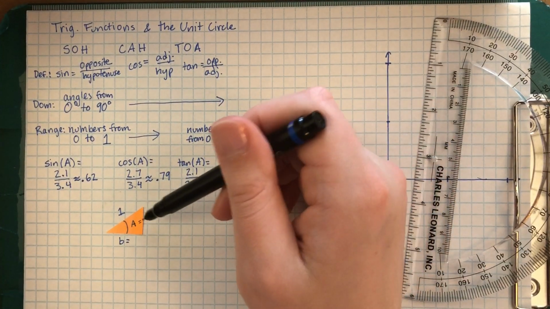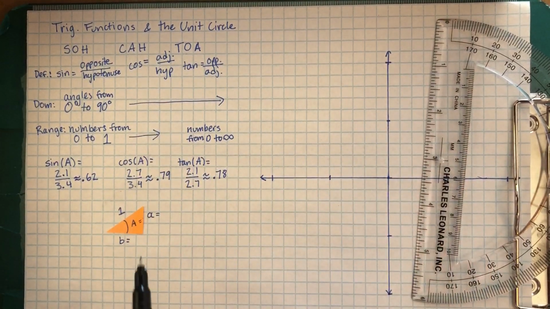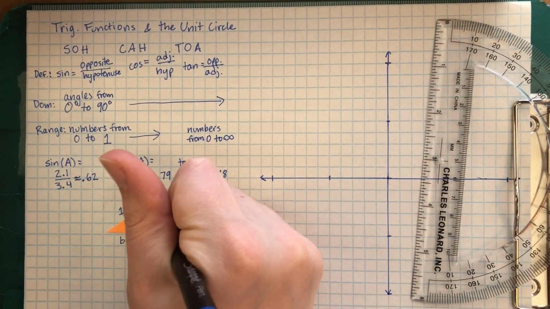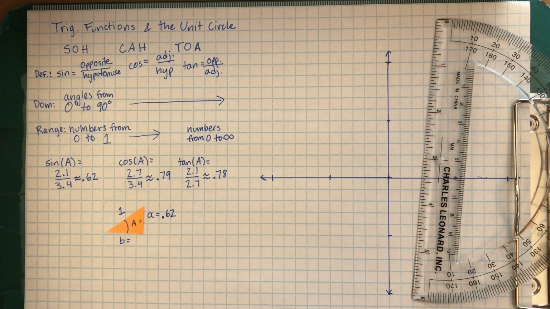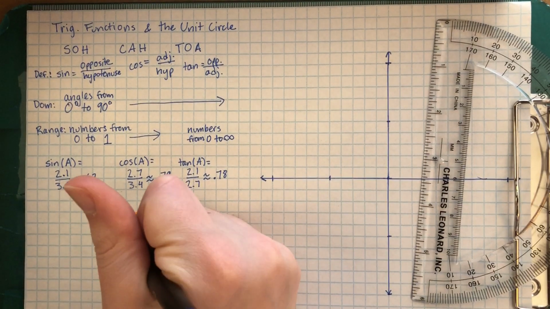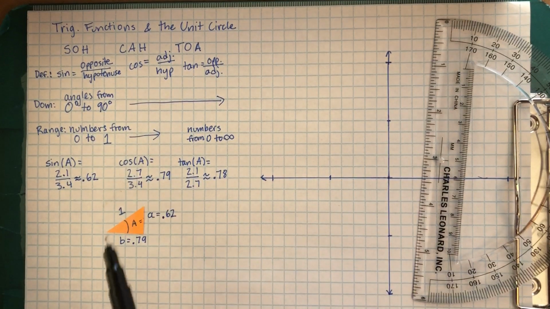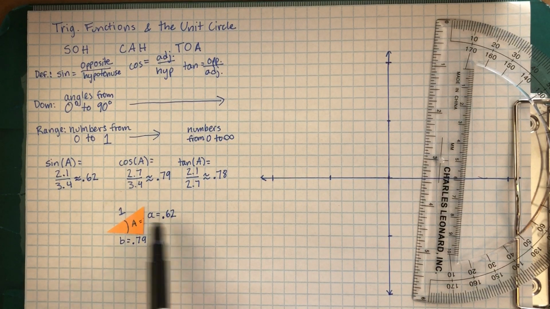Because I'm taking the ratio with the hypotenuse, and because the hypotenuse is 1, to get the same ratio, this side is just going to be the 0.62 that I got from calculating the sine of A. And this side should be the 0.79 that I got from calculating the cosine of A. That's because now my hypotenuse is 1, so my opposite over hypotenuse is going to be 0.62 over 1, or just 0.62.